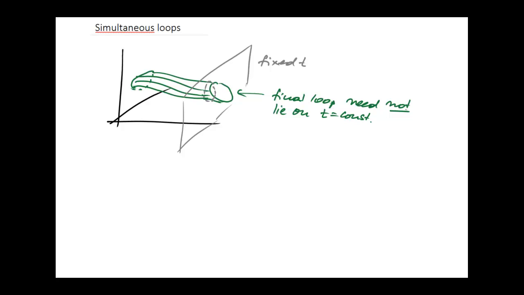And so this invariant loop integral applies to arbitrary loops around the tube, and the loops don't have to be at any fixed time.